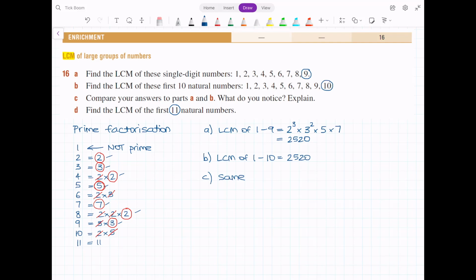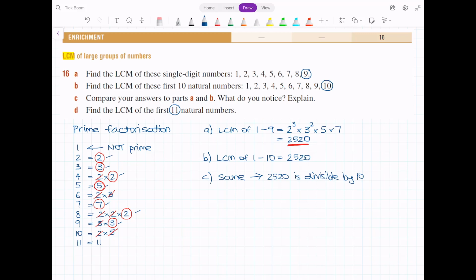But in terms of explaining that, the reason why is because the factorization that we just worked out for part A, being 2,520, when we add the 10th number, because 2,520 is divisible by 10, well, what that means is when we try to add 10 as another number, it won't add any new multiples because our lowest common multiple is already divisible by that number.